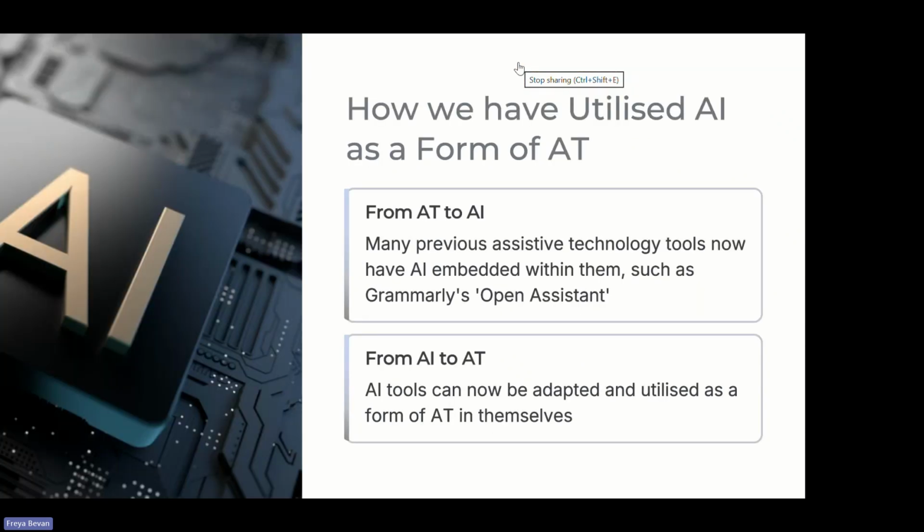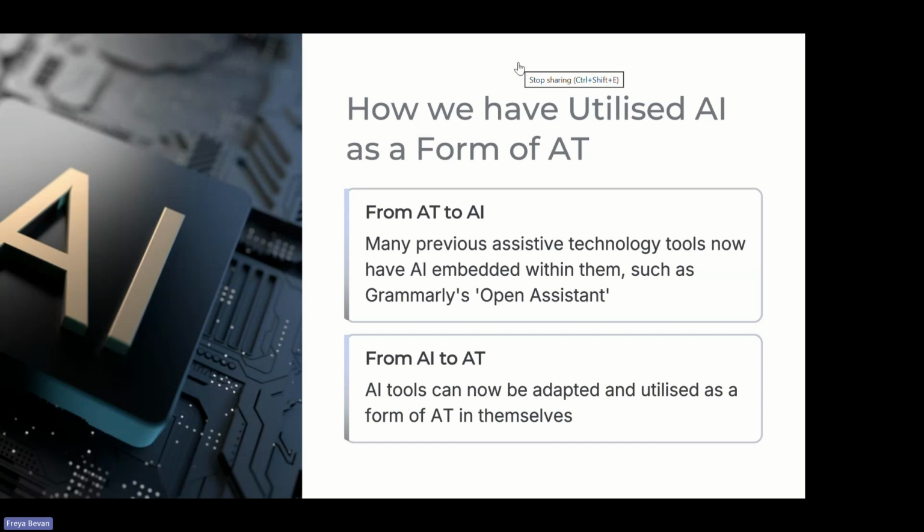Okay, so at Gloucestershire College, how have we utilised AI as a form of assistive tech? So it can be utilised in many ways, but what we have noticed is that from assistive tech to AI, you can see how many assistive technology tools now have AI embedded within them, which they previously didn't have before. For instance, with Grammarly's Open Assistant.